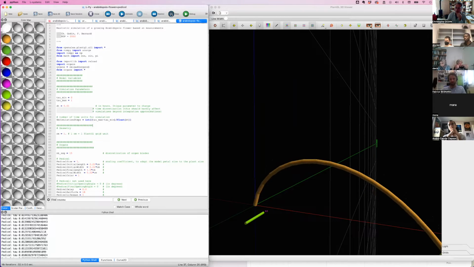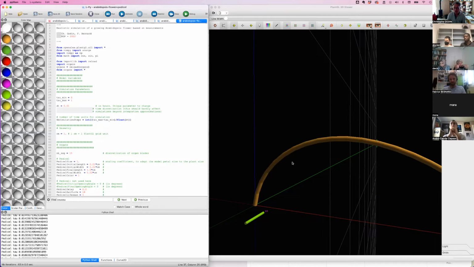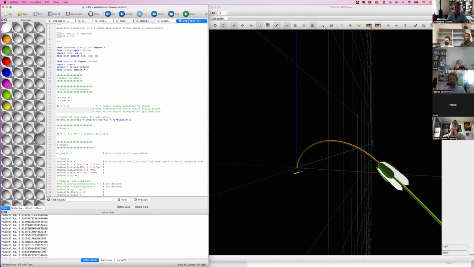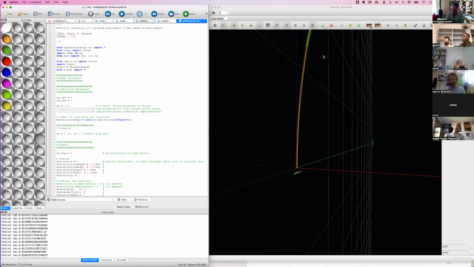And then the whole flower will grow back again. And then you see that thanks to this, I have been able to synchronize, for instance, the fact that the petals and the sepals are falling away before the system gets back to the upright position.